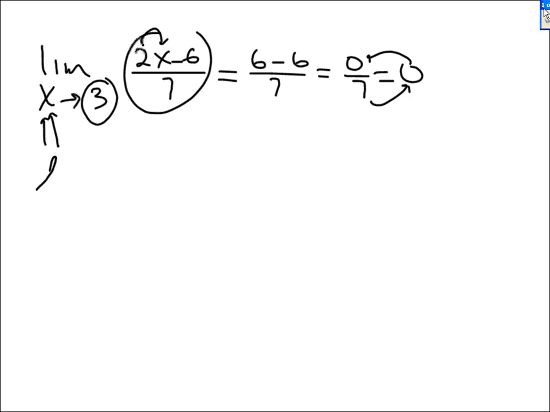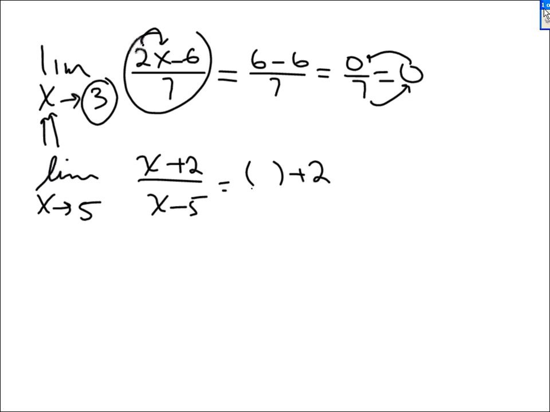What if you have the limit as x goes to 5 of x plus 2 over x minus 5? Wherever you see x, you can put brackets, and inside those brackets you put 5.